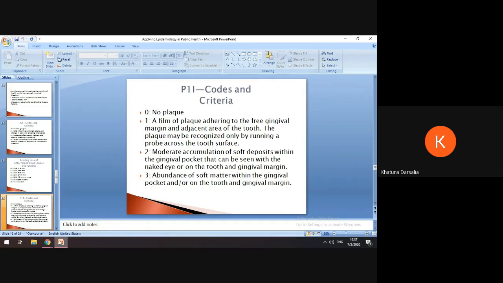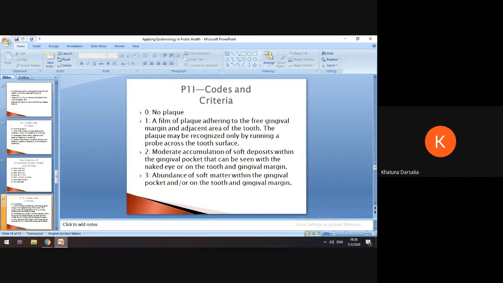The second is a moderate accumulation of soft deposits within the gingival pocket that can be seen with the naked eye on the tooth and gingival margin, and 3 is an abundance of soft matter within the gingival pocket and/or on the tooth and gingival margin.